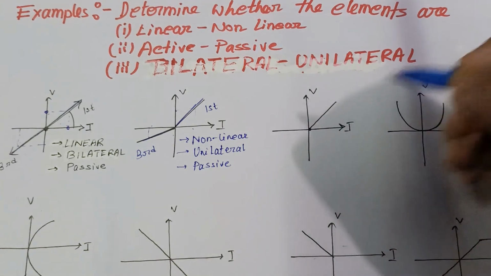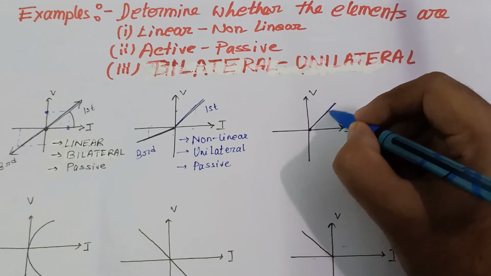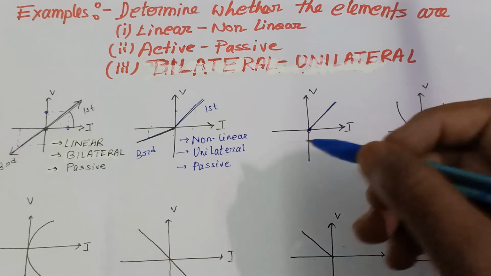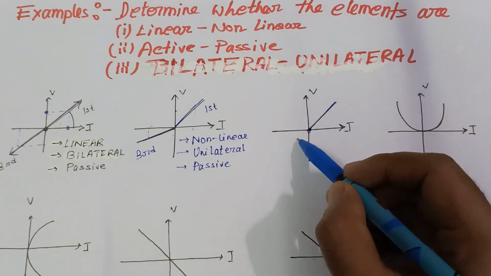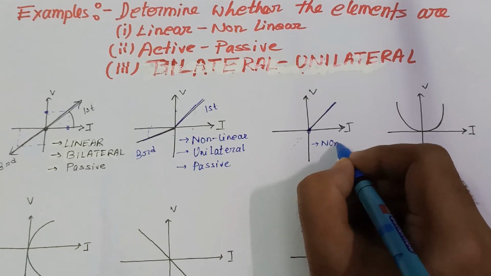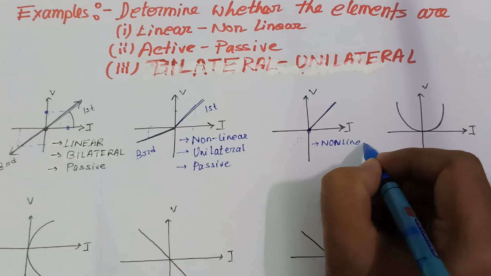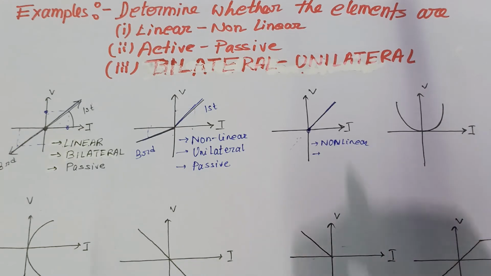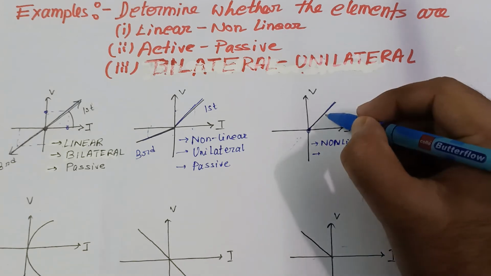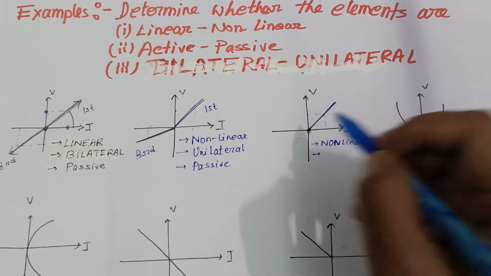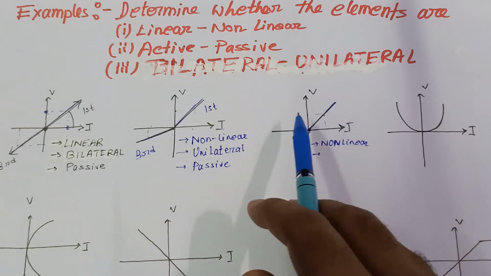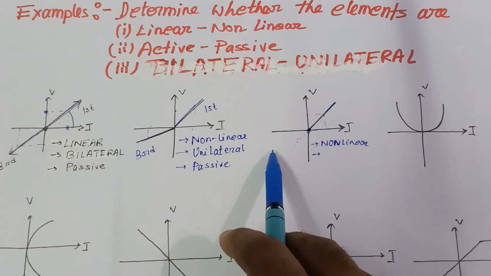In this example, it is following only one equation of a straight line, passing through the origin, but it is not following the equation for all time because there is no part in the negative side. So it is non-linear. Secondly, whether it is bilateral or unilateral: the values are only in the positive side, so we can calculate the ratio of voltage and current in the positive side only, but there is no part in the negative side.